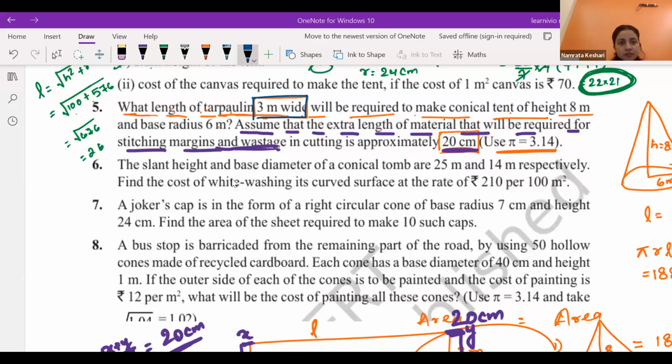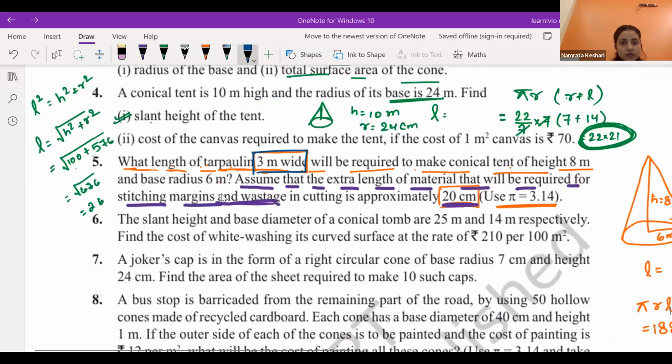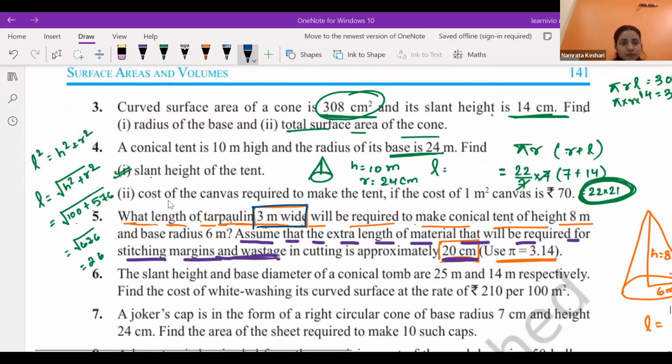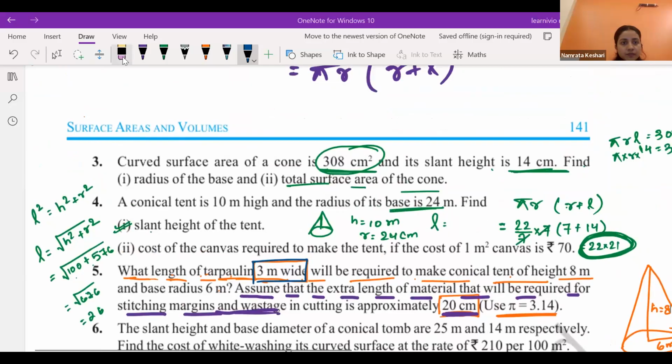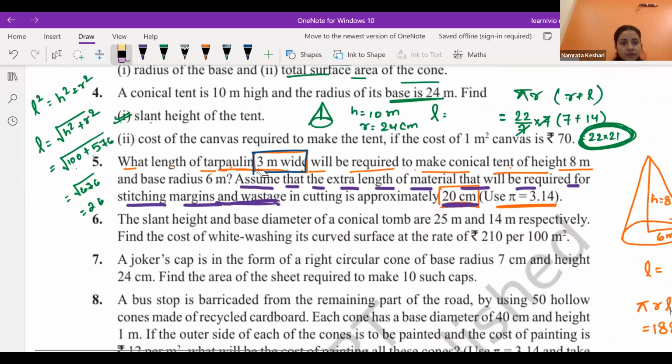Okay, just a second. Have I pasted the incomplete question over here? Just a second, everyone.